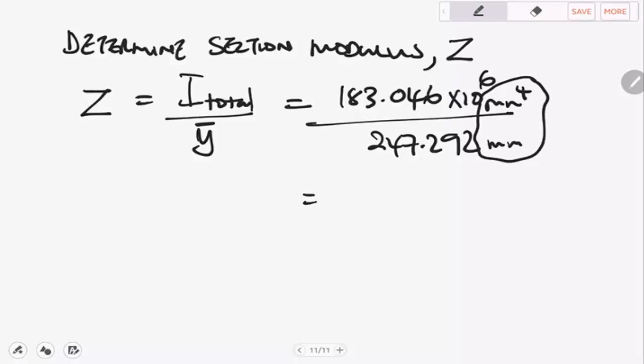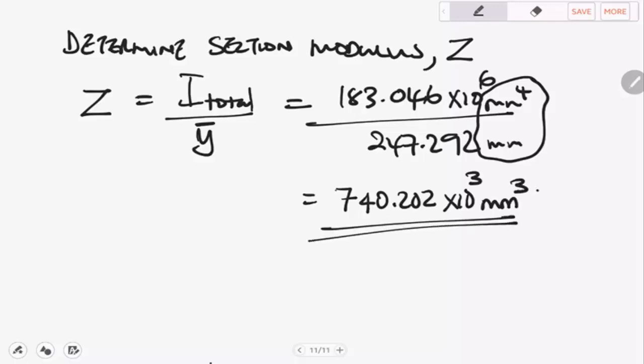But write it as it is. Calculate that as it is shown on the screen. So if I do it as it is, it's 740,201. But make it times 10 to the power 3. So then it's 740.202 times 10 to the power 3 millimeters to the power 3.